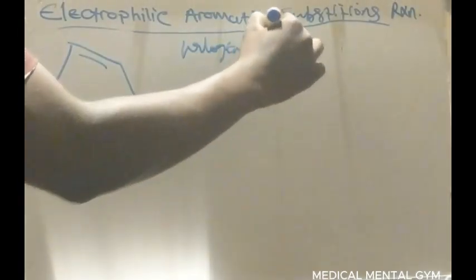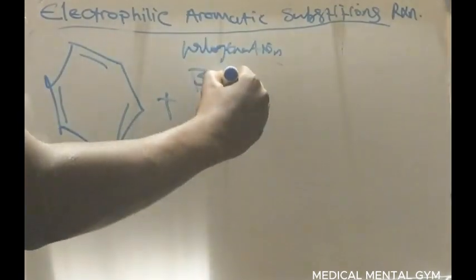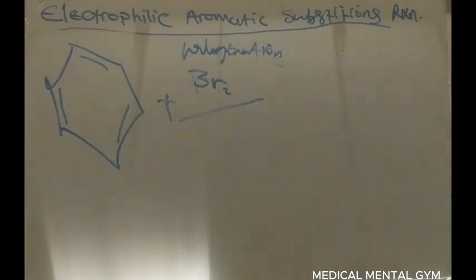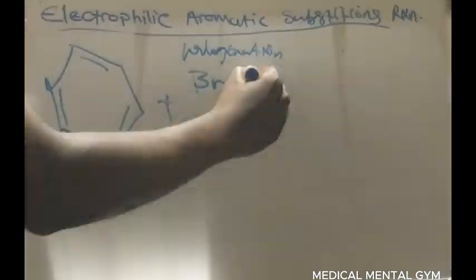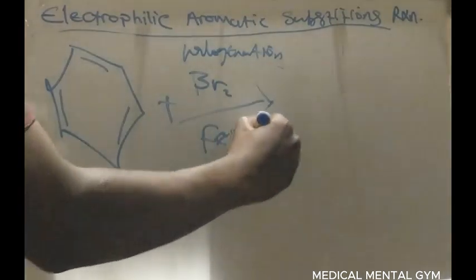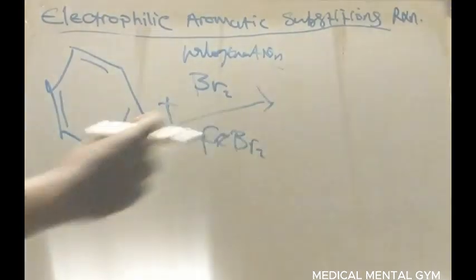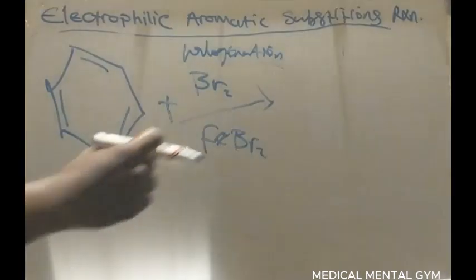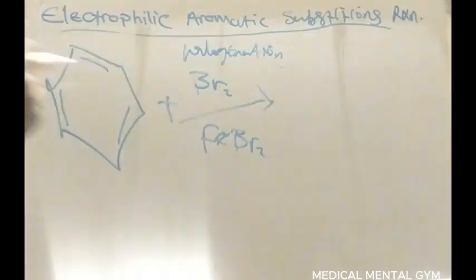We can use any halogen, preferably I'll use bromine, Br2. The catalyst for this reaction will be iron bromide, the Lewis acid I'll use as a catalyst.